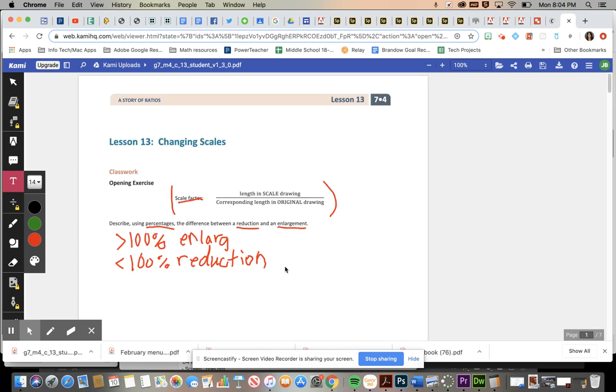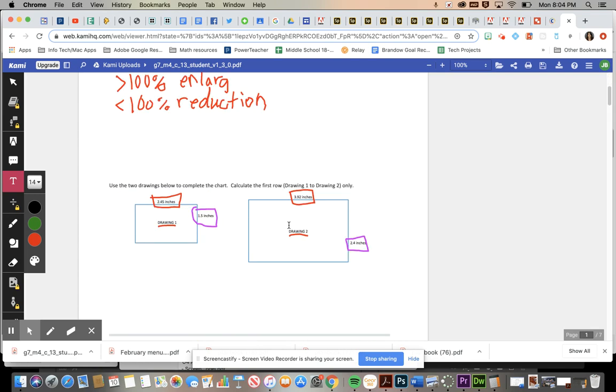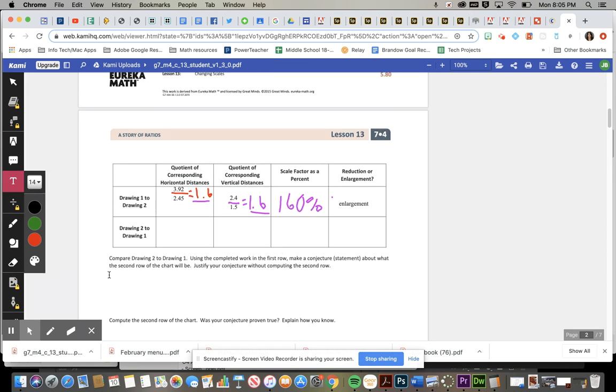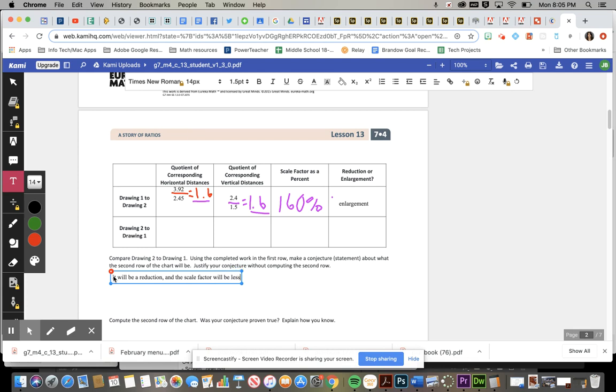Well, if I look at it, I know drawing 1 to drawing 2 was an enlargement, right? It went from smaller to bigger. So I know a few things here. It will be a reduction, and if I know that it's a reduction, the scale factor will be less than 100%.